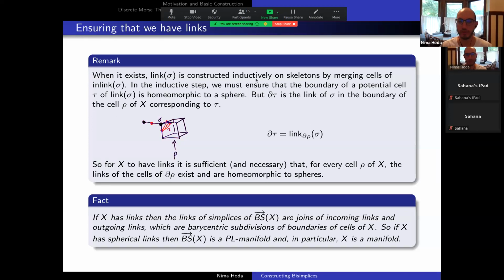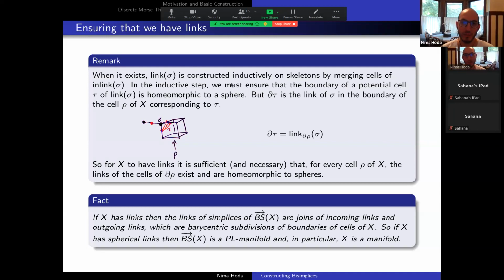So we start with the things that don't have any outgoing edges, and those correspond to vertices of the link. And then we go step by step. We look at an outgoing link in the next higher dimension, and what we need is that the boundary, which is the merged outgoing link, is homeomorphic to a sphere.